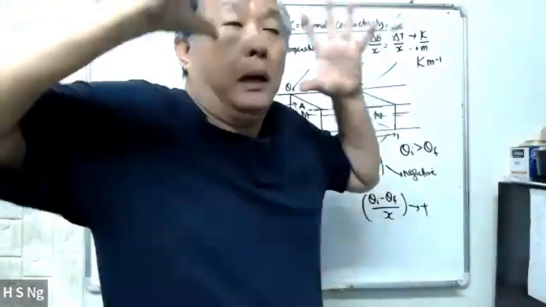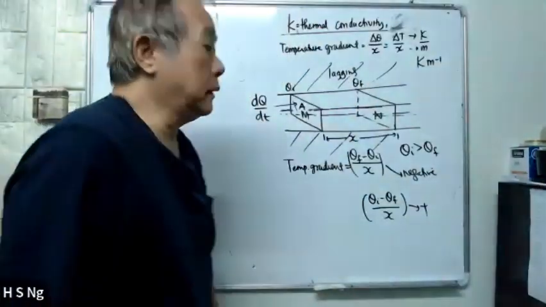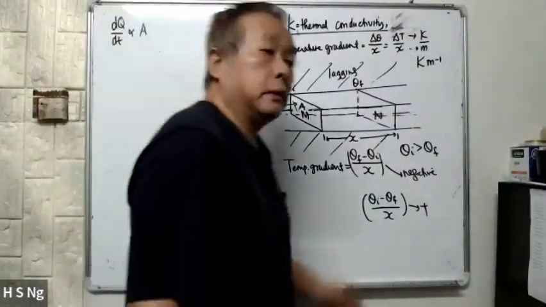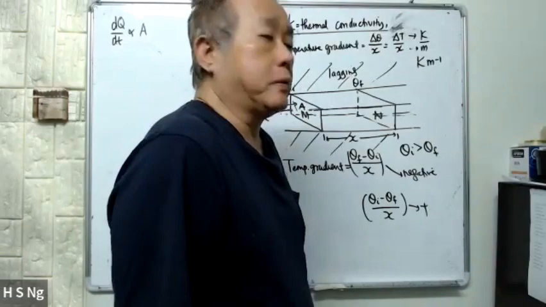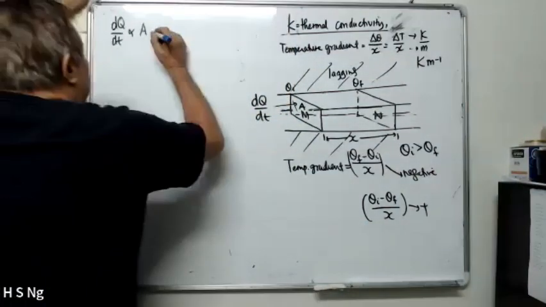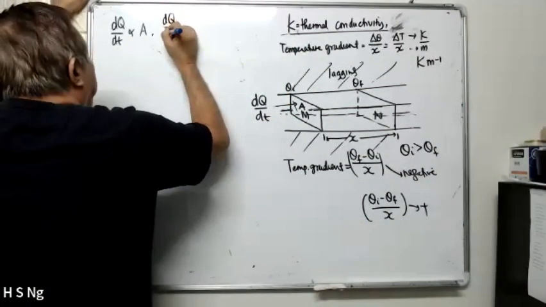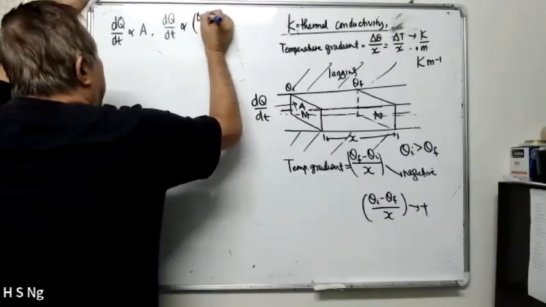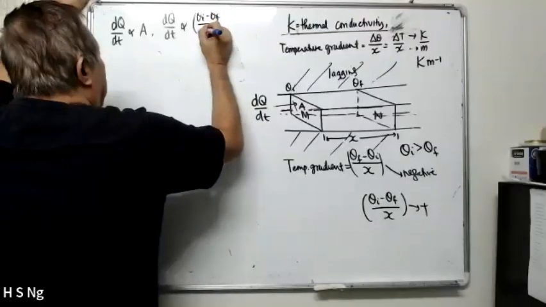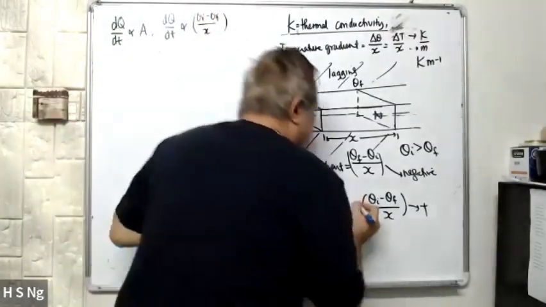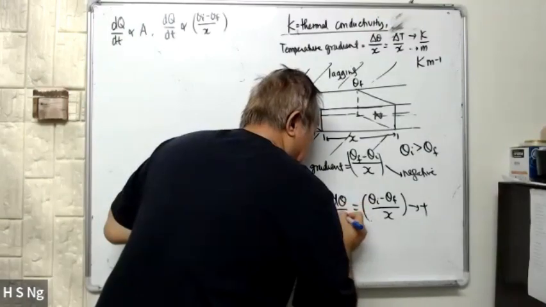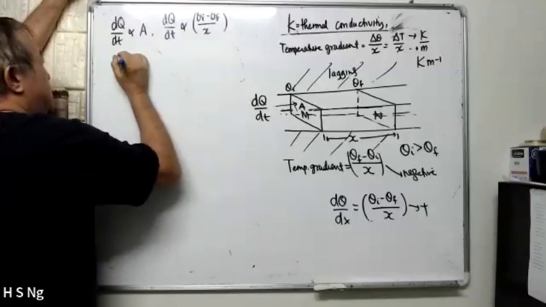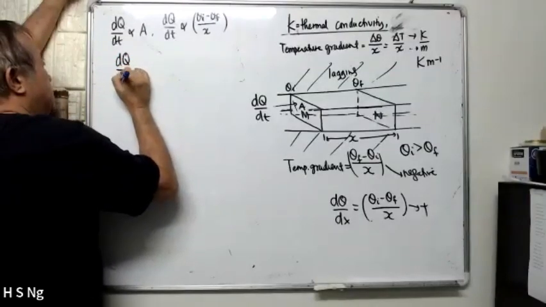Number two, you find that the bigger the magnitude of the temperature gradient, the faster the flow. Combine these two, you will get this equation.